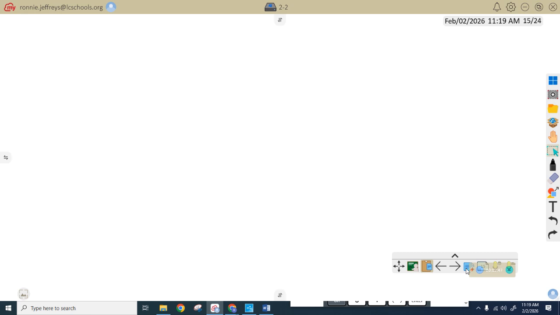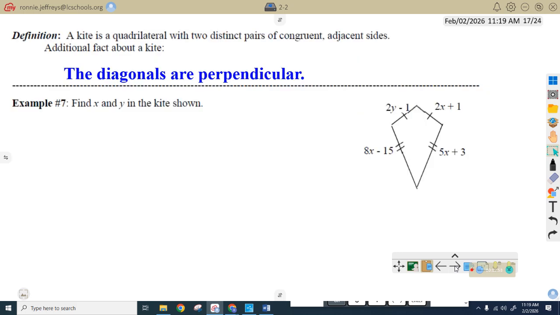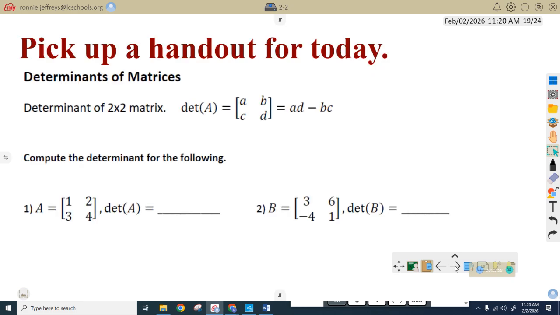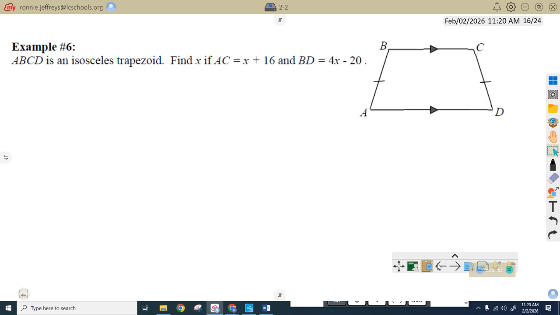So that was example 5. Whoops, didn't mean to do that. So all these are just kind of practice things. So I'm going to let y'all do the next 3 problems on your own.